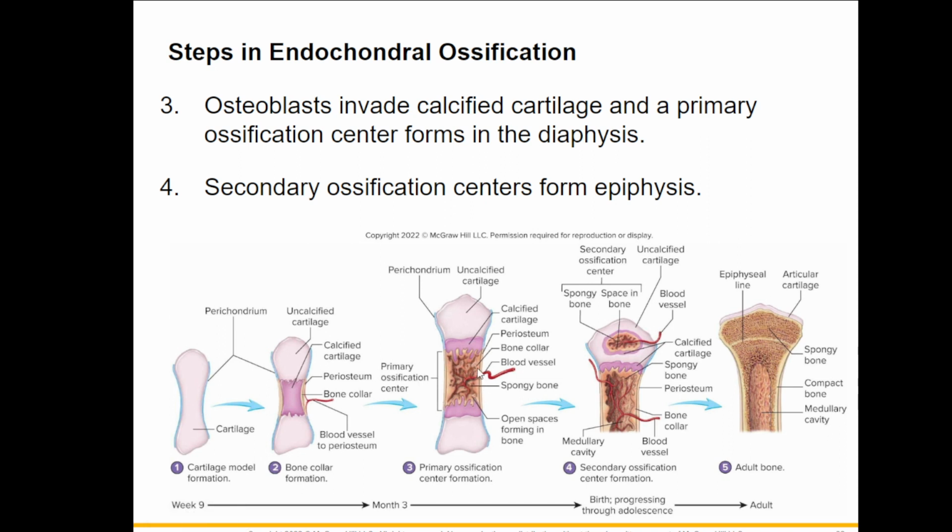Okay, so now you can see more bone matrix here. There is also a blood vessel now providing the nutrients, the oxygen needed by the long bone.